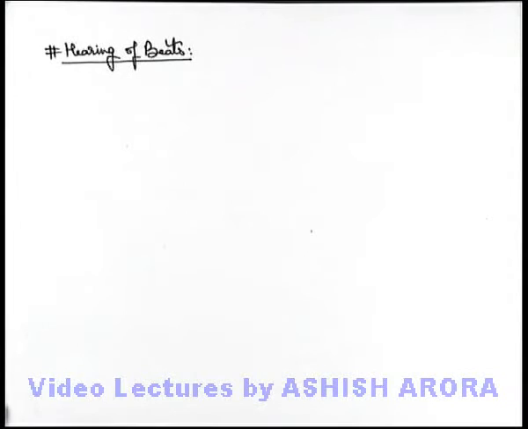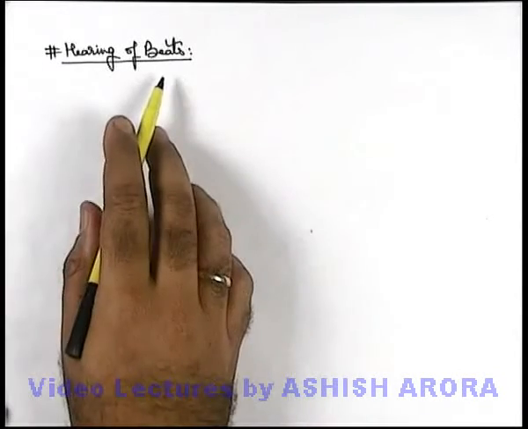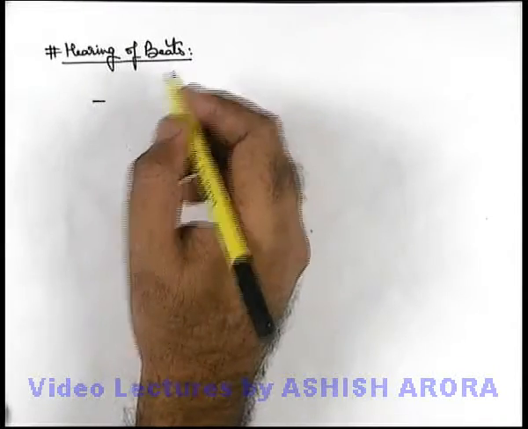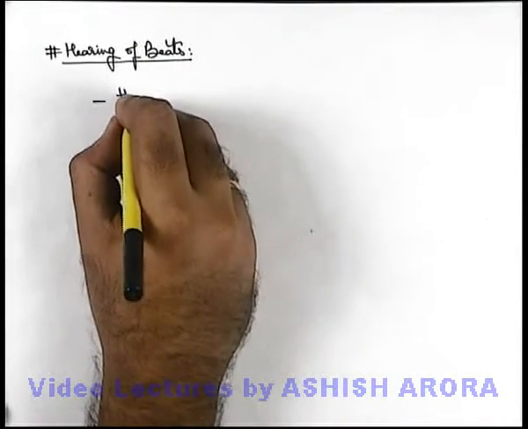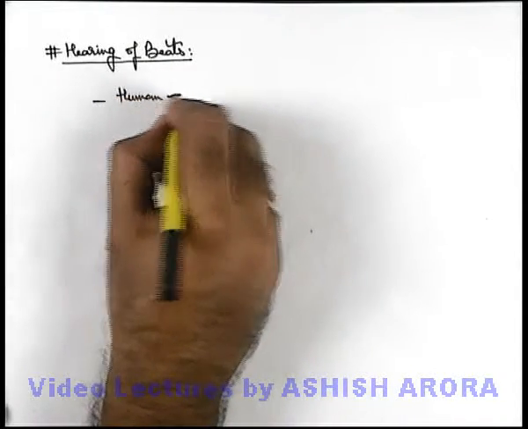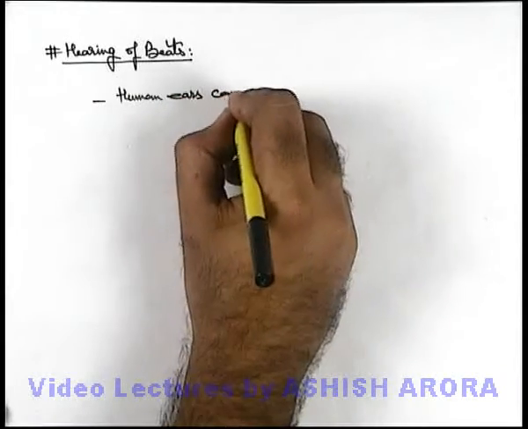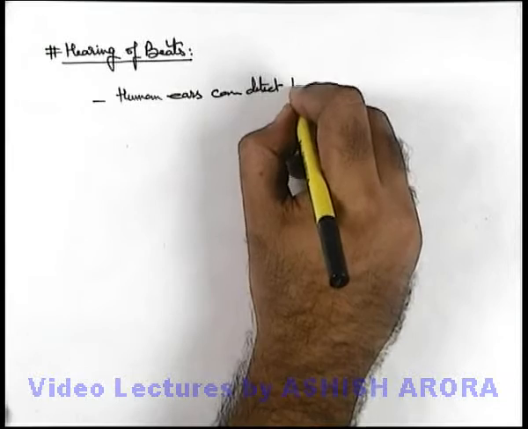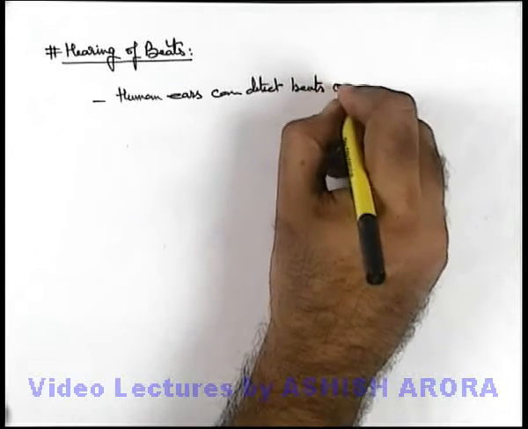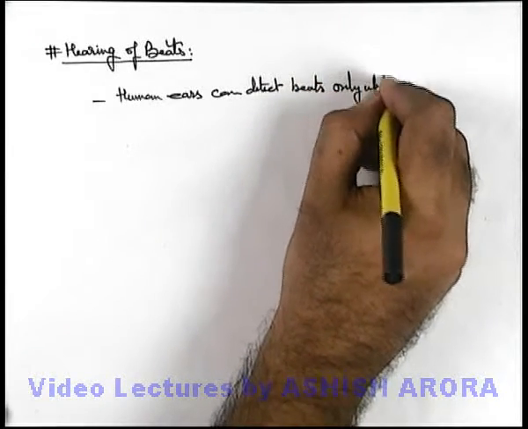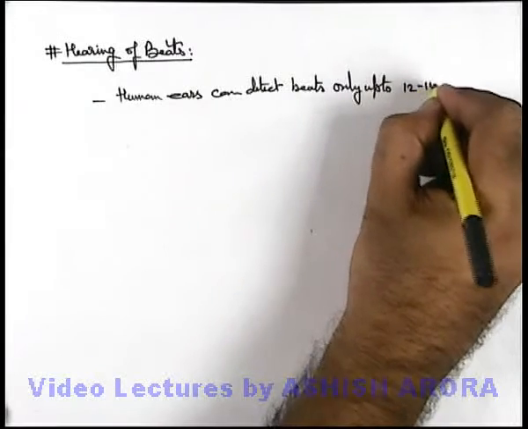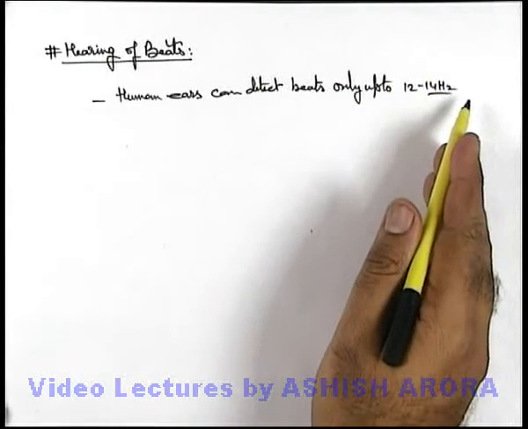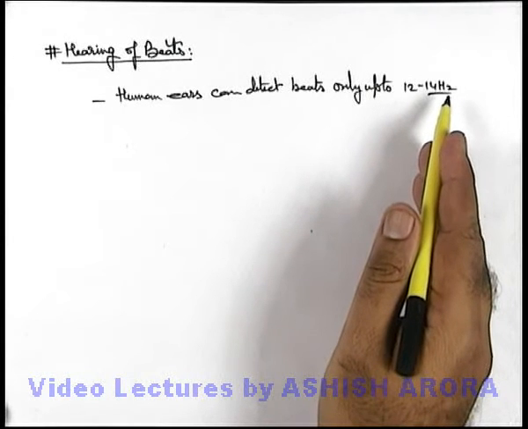Let's discuss an important point about hearing of beats. Human ears can detect beats only up to 12 to 14 Hz. If the beat frequency goes beyond this limit, it appears to be a constant sound.